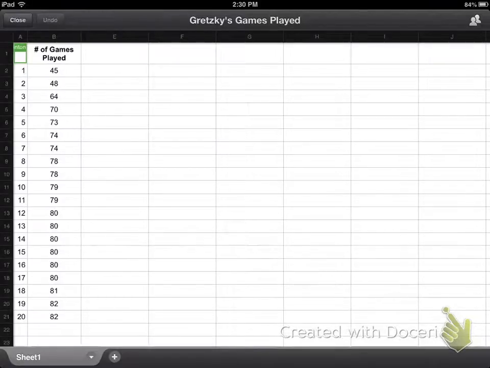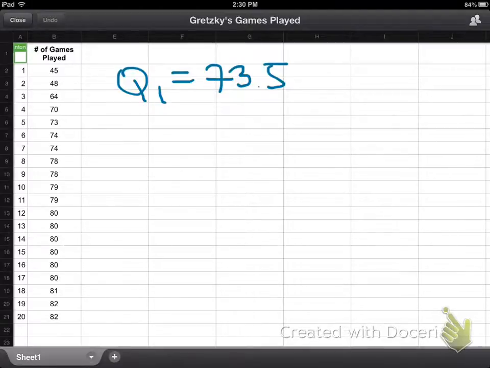So once again, we're going to look back at this data on the number of games Wayne Gretzky played each of his professional seasons. And if you recall from before, or even if you don't, Q1 we already found to be 73.5, and Q3 we found to be 80.